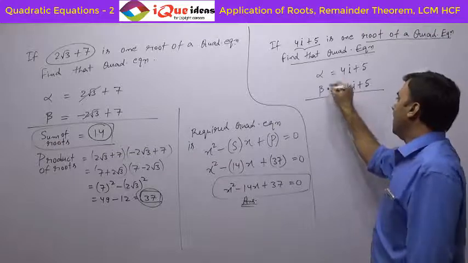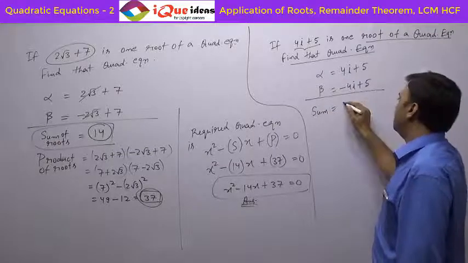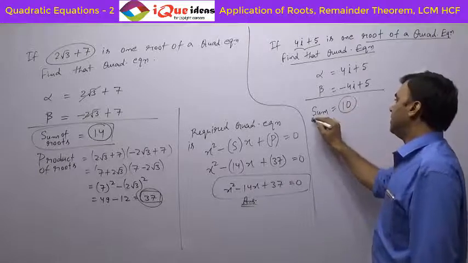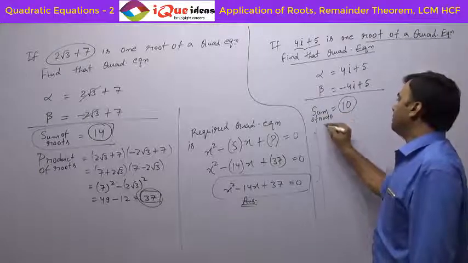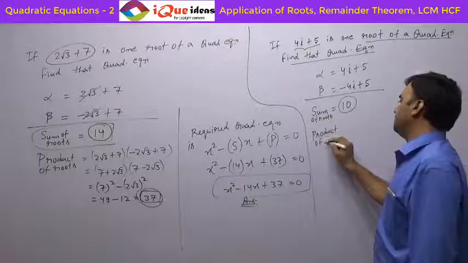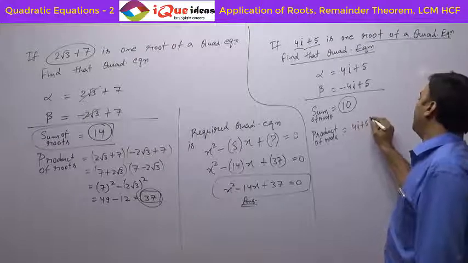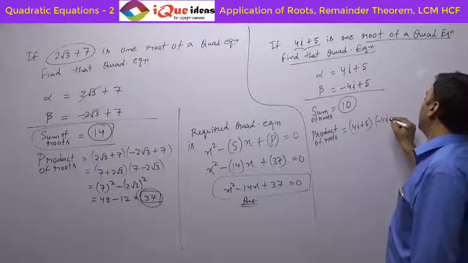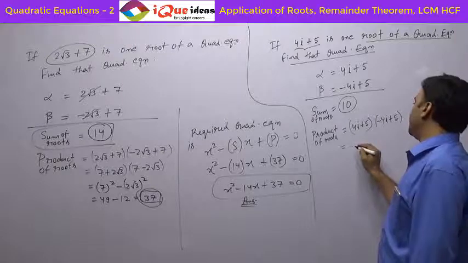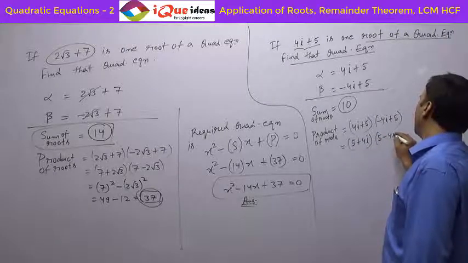So, if you add them, the sum will be: 4i and minus 4i will get cancelled, 5 plus 5 will be 10, right? That is the sum of roots. Similarly, the product of roots, if you see, it will be the multiplication of these two items, and that is equal to (4i plus 5) into (minus 4i plus 5). Okay, so this gives us (5 plus 4i) into (5 minus 4i).